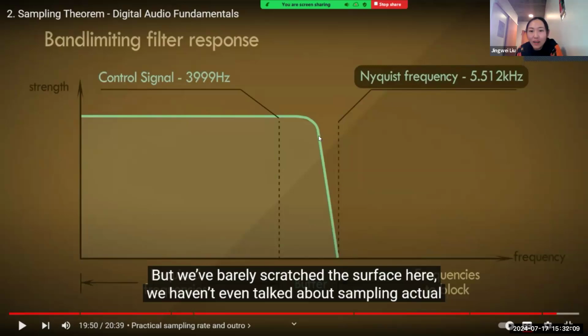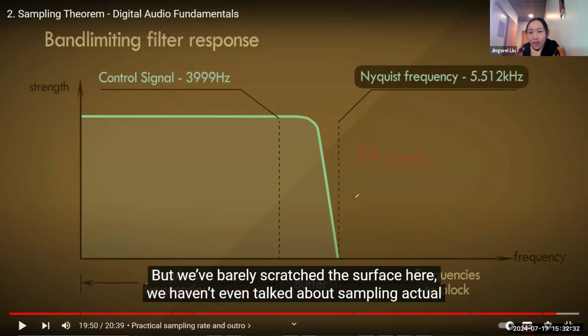So, but whatever. So this filter, though you need this buffer, actually explains why we choose this number, 44100 Hertz, to be our standard sampling rate.